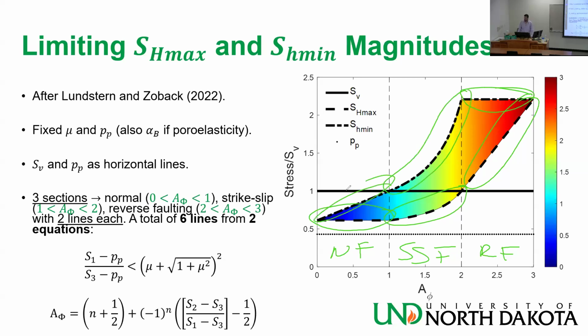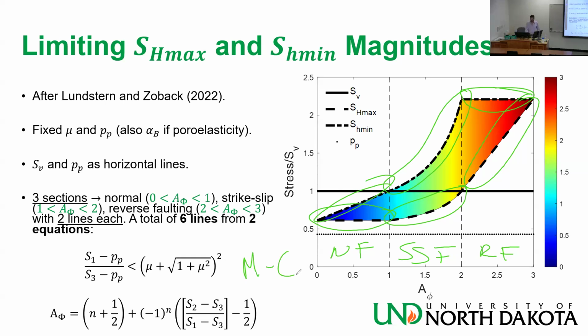So each of the 6 lines requires a different equation. None of the lines are the same. There are 2 equations that are going to be used for the 6 lines. And this is the one for the Mohr-Coulomb failure criterion that we mentioned.